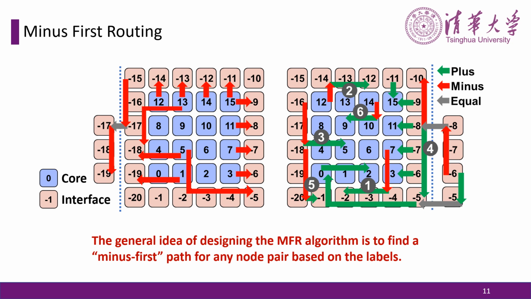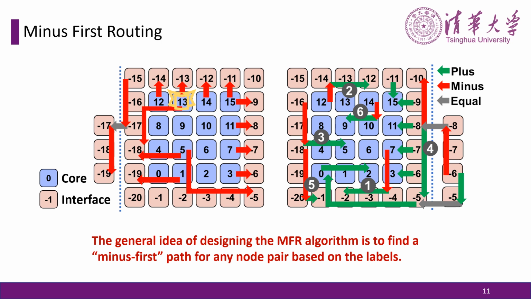The labeling method is shown in the figure. The labels of the cores are the normal labels of the 2D mesh, and the labels of the interfaces are a ring of negatives. The general idea of designing the minus-first routing algorithm is to find a minus-first path for any node pair based on the labels.